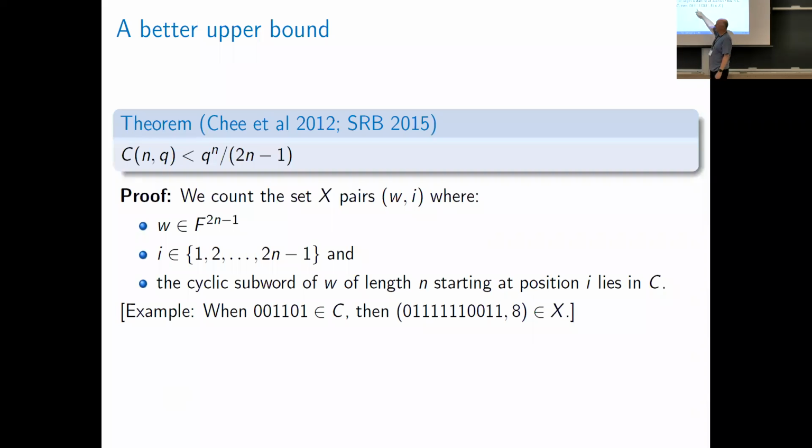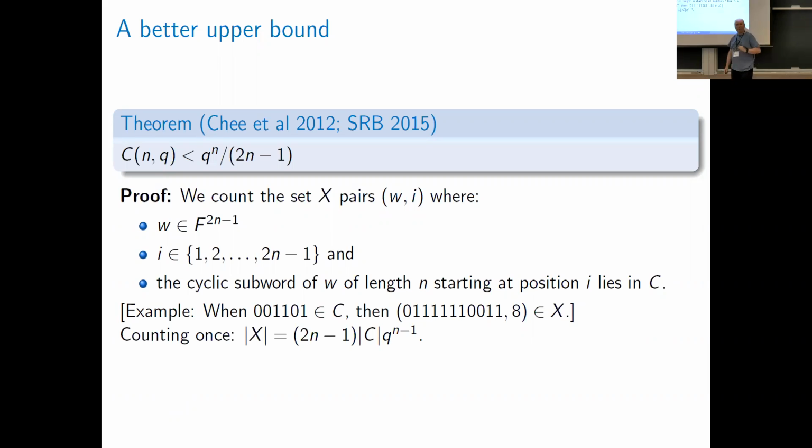So this will be a word of length 11, 2n-1, in the same alphabet. And I put a comma 8 here because if you look at position 8, which is this position here, and you count round, it will have this particular code word, 001101. Okay? So I'm counting things like that.